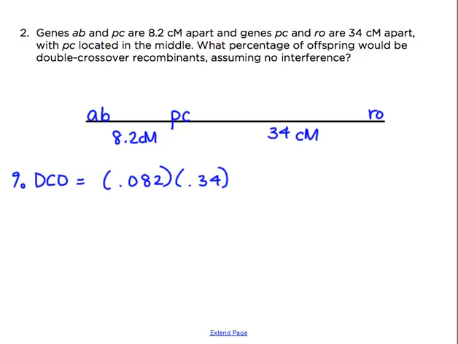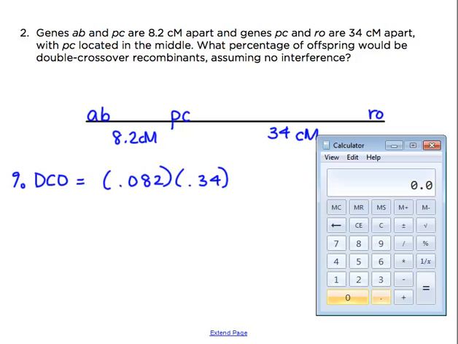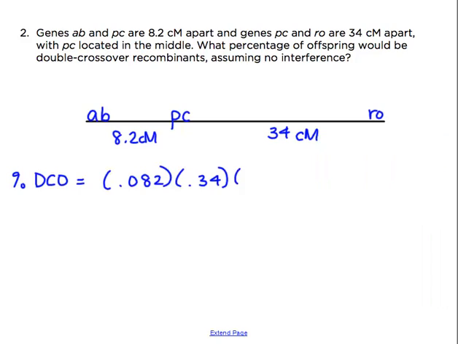So if you multiply these together, you get 0.082 times 0.34, and that times 100 to get percentage equals 2.788%. And that is the percentage of the offspring that will be double crossover recombinants.